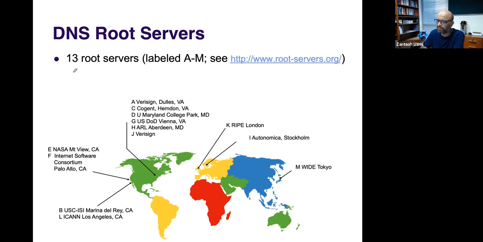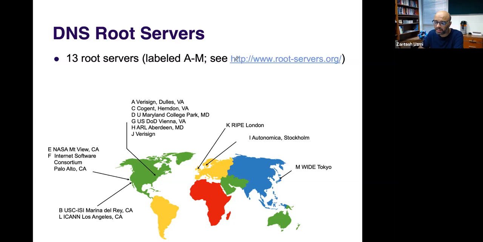There is at least one in Pakistan. I think maybe F or M, I forgot which one. So the root name servers are A, B, C, D, etc. These are pretty much replications of the same root.